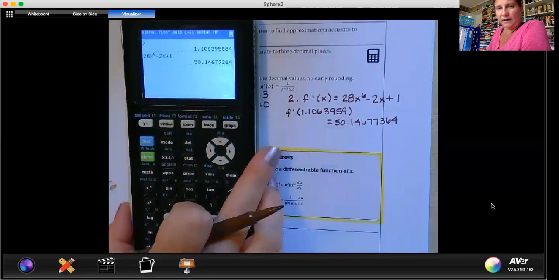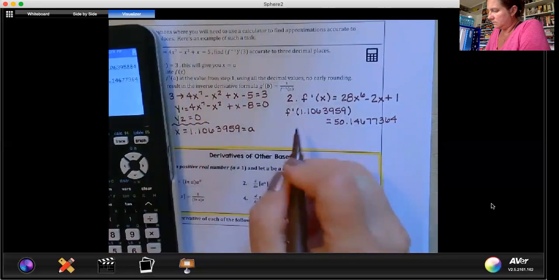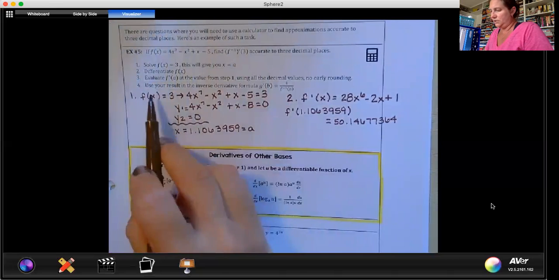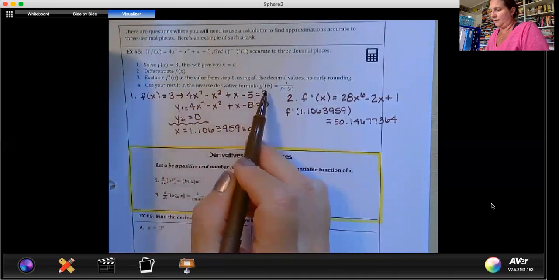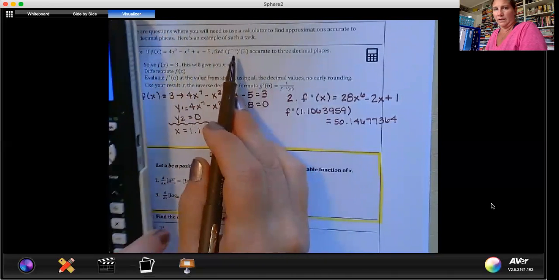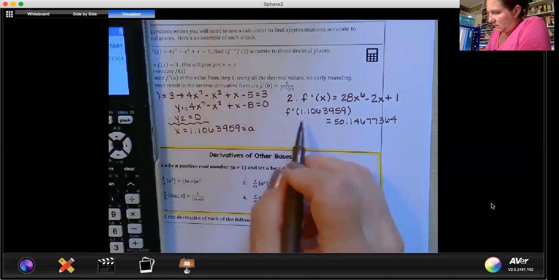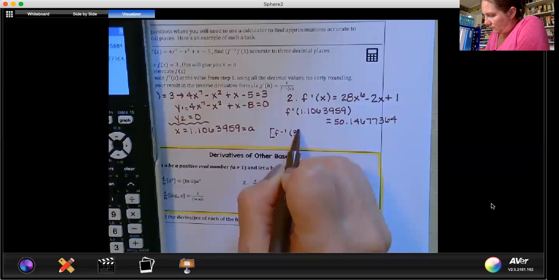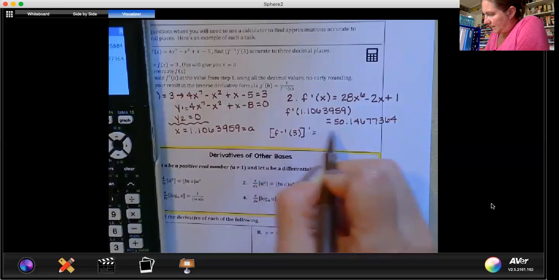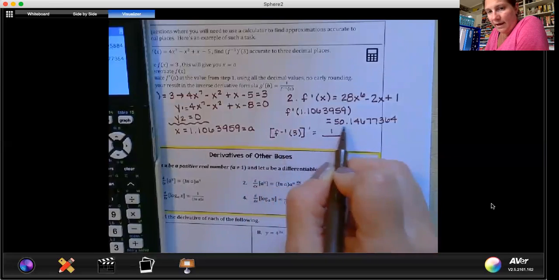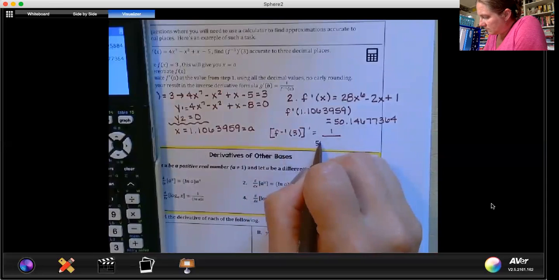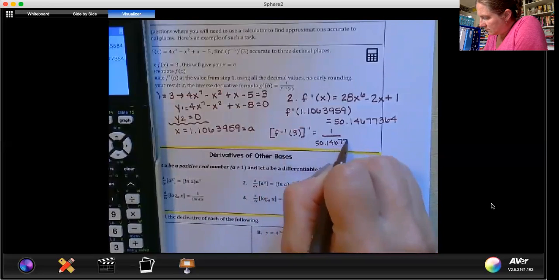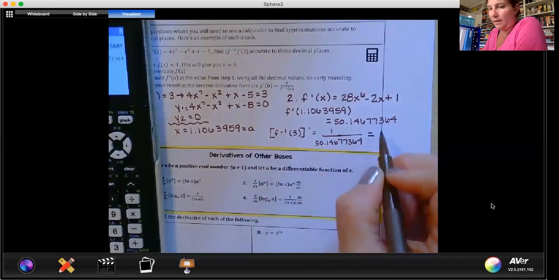So to find the value that we're looking for, use your result to find g prime of b, which is going to be our inverse derivative. So f inverse of 3 prime is 1 over that value. And this value we will round to 3 decimal places.